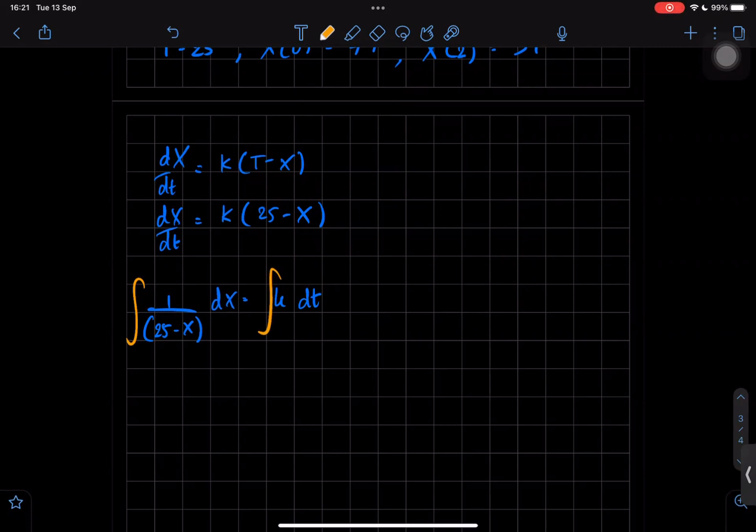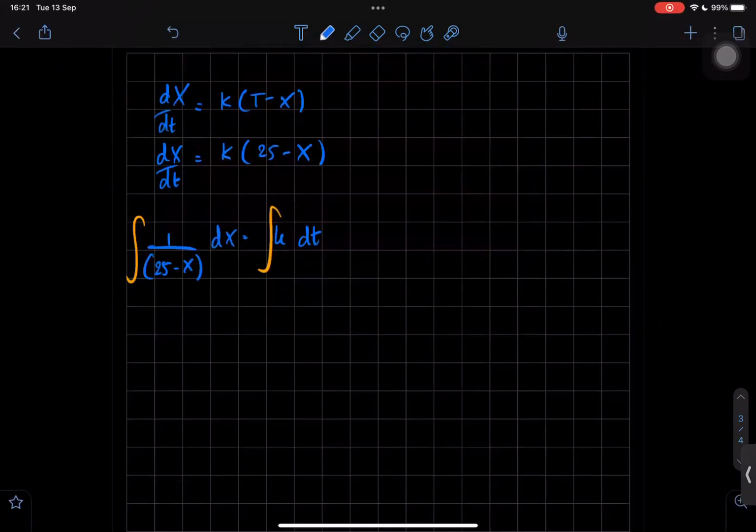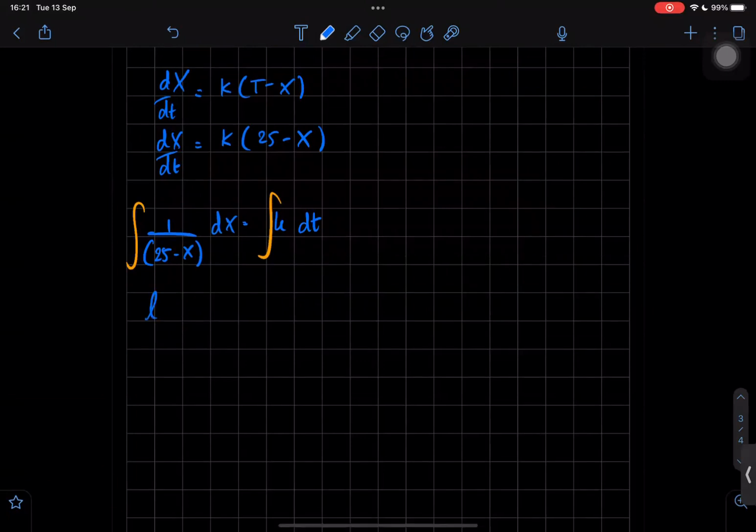Okay, so you get the log of 25 minus x equal to kt plus c1, right, the constant. Then you get 25 minus x equal to e to the kt plus c1.